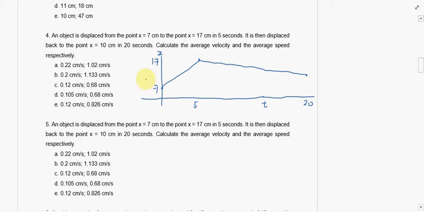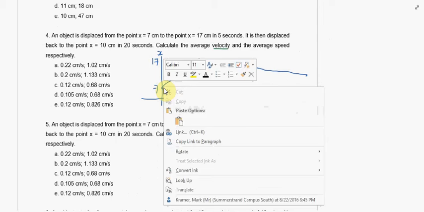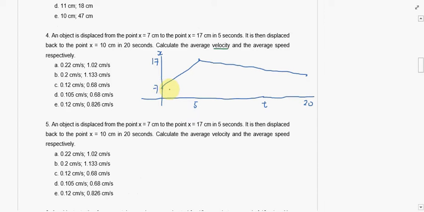So if the question asks for the average velocity, remember it's just my starting point and my end point connected, right? So let's see if I can just draw that straight line. That's good enough. There we go.